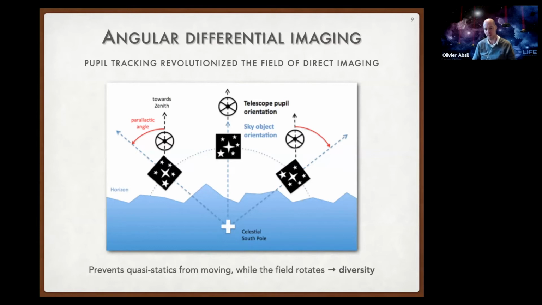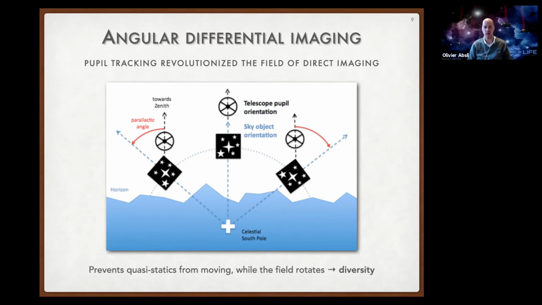The idea is that by keeping the pupil stabilized with respect to the detector, all the quasi-static features that are generally associated with the pupil, so related to aberrations or diffraction inside the pupil, will stay fixed on your detector, while the field, due to the Earth rotation, will rotate around the optical axis of your telescope, which usually coincides with the star whose neighborhood you want to explore.